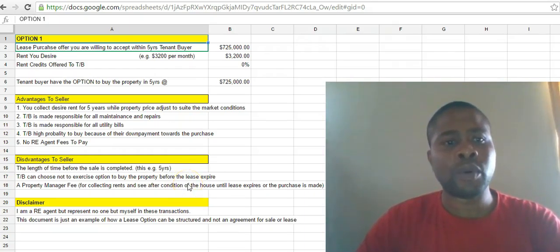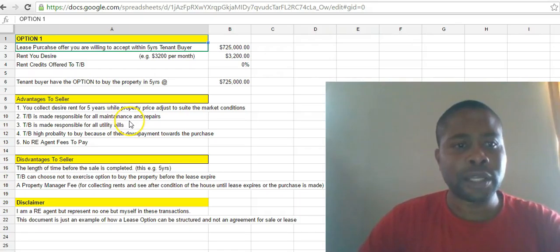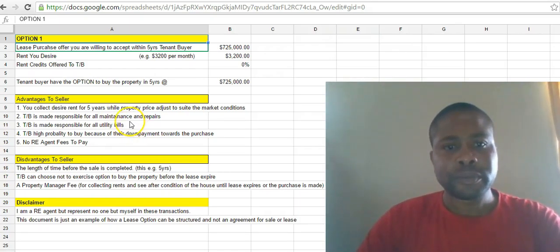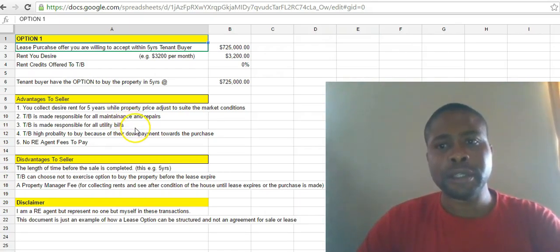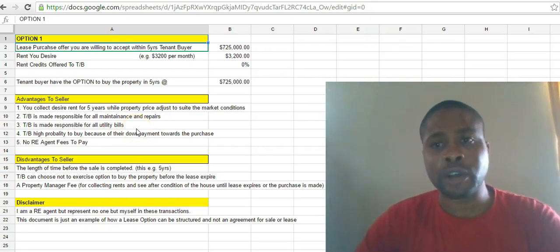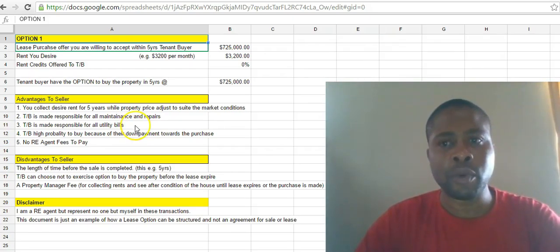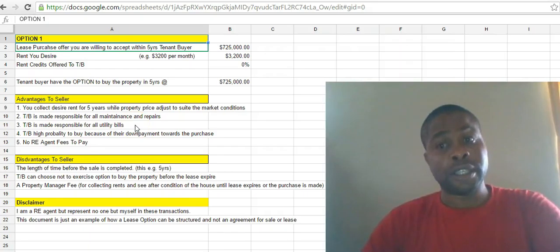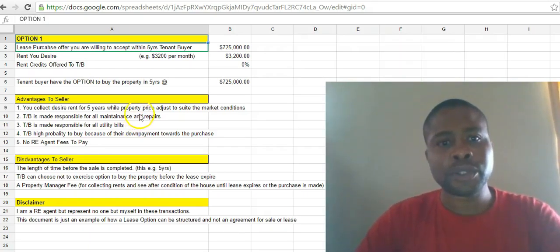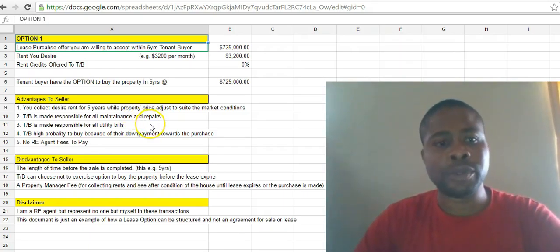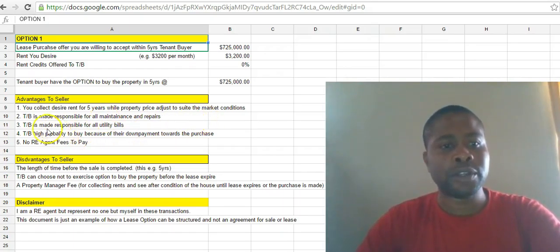As a seller, what are the benefits? Well, you can stay in that property and collect 5 years of rent. The tenant, in most cases, this is all agreed, it's not written in stone, but the tenant in most cases, because most of the time it would be a good house, would be responsible for all maintenance and repairs.